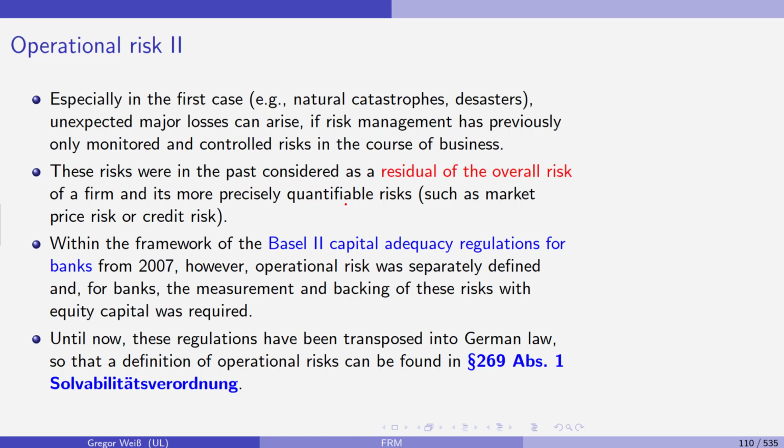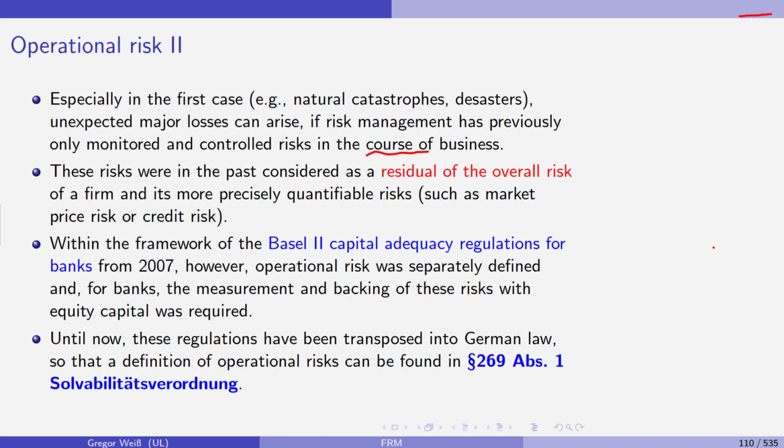So if risk management has previously only monitored and controlled risks in the core business, let me just mark this, if risk management was only concerned, for example, with lending and trading, it might be that your risk managers have missed those risk exposures in non-core business areas, like the IT service center or the IT system as a whole.